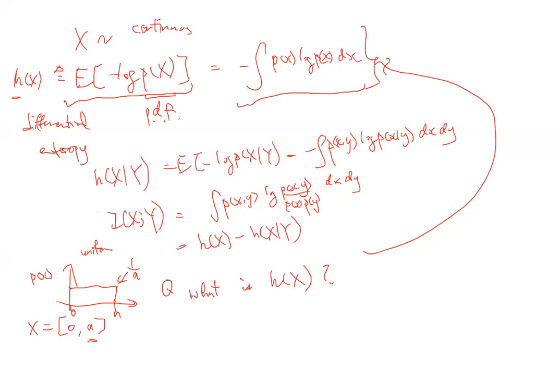So p(x) is just a constant, right? So therefore it's just equal to 1 over A, for x between 0 and A, and 0 otherwise. Oh, sorry, my handwriting. This is A here.